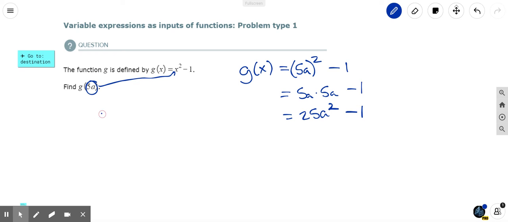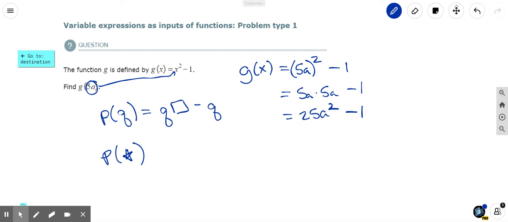Okay, so take a look. What if I had P of Q equals Q times Q squared minus Q, and I tell you, find P of star. I like stars.